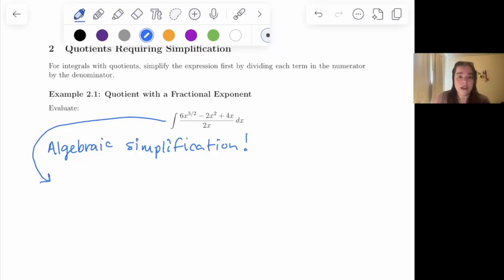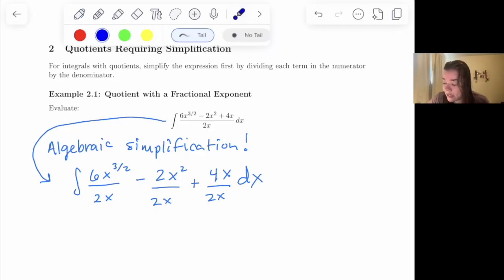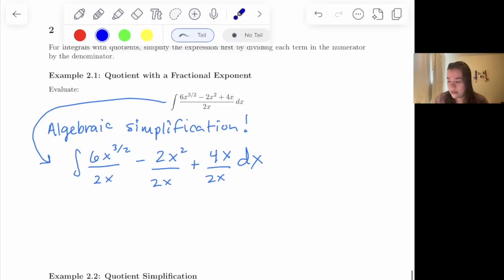So we want to think of this problem as the antiderivative of 6x to the 3 halves divided by 2x minus, notice I am going to divide every term by 2x, because that's what's being done in the original problem, just written in a different way. So I didn't change the problem at all. I just split it apart to make it easier for me to then continue on my algebraic simplification path before I actually integrate. So now that we're split apart, we need to simplify.